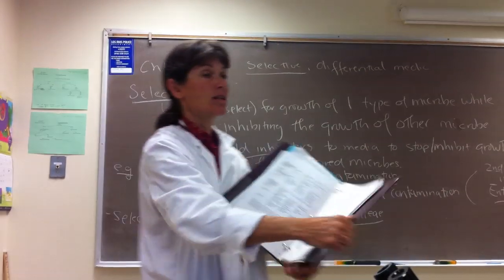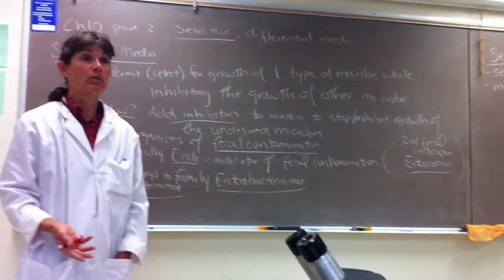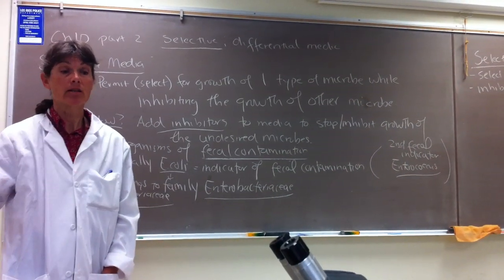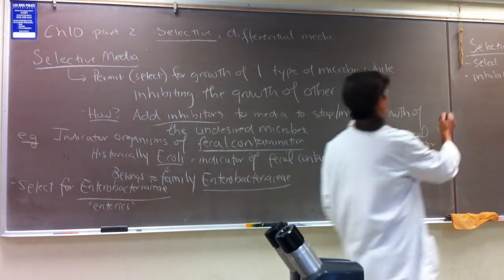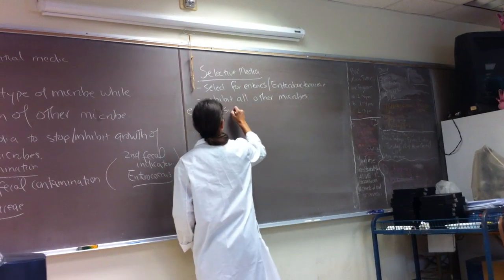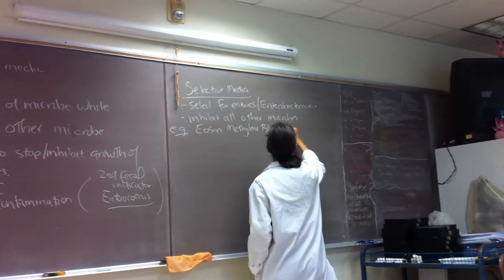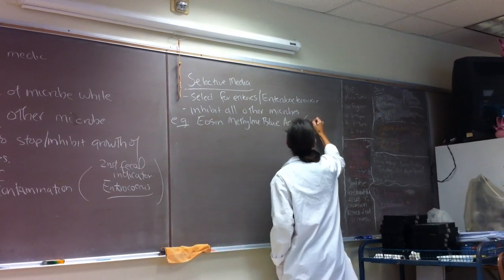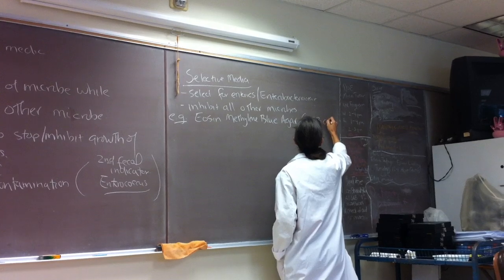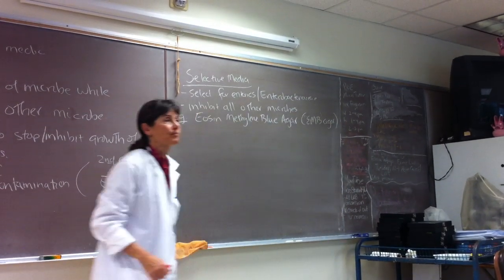We're just going to take a look at what is in Eosin methylene blue that will select for the growth of those enterics and inhibit all the other microbes. And you guys know we are notorious for using initials, so often you just say EMB agar.